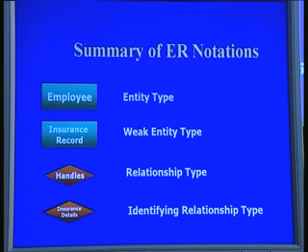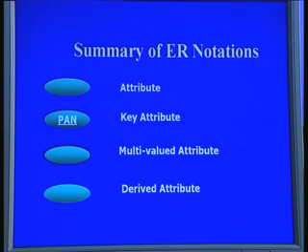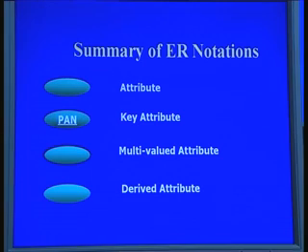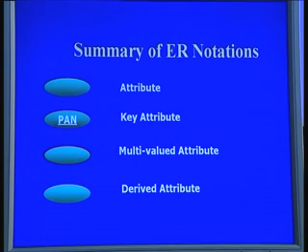Okay, then relationship types are defined by a rhombus, and the identifying relationship types are defined by double lines. Okay, similarly, attributes are defined in different ways. That is, a normal attribute is an oval, a key attribute has an underline, a multi-valued attribute has a double line, and a derived attribute has a dotted line.